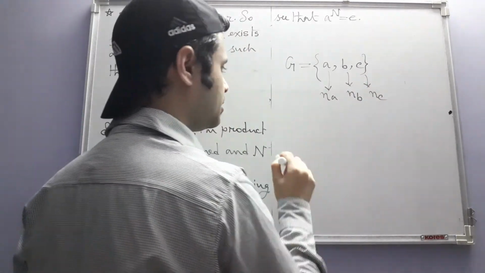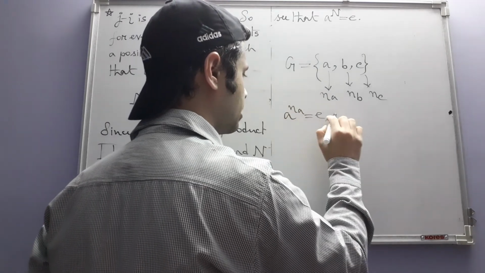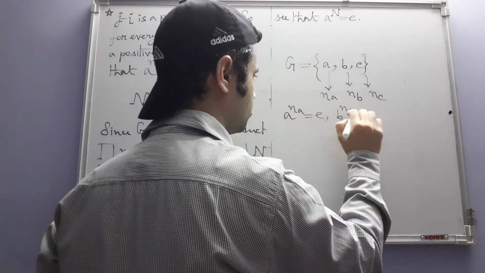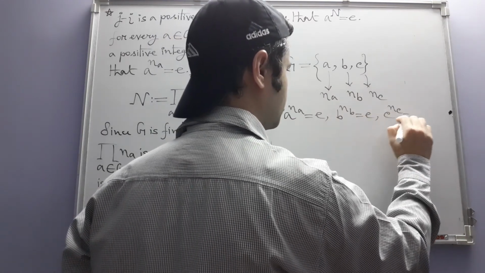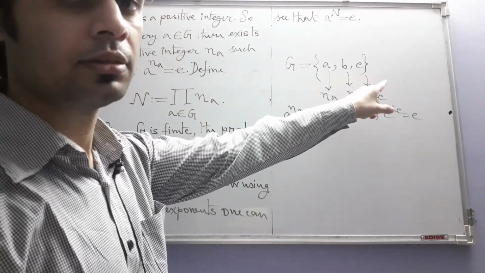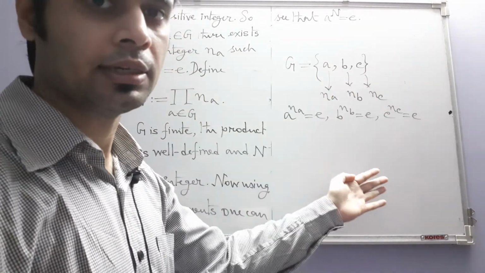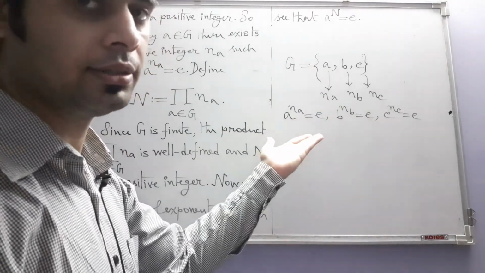These are positive integers such that these equations are true. You can ask me what is the identity element. Any one of them may be the identity element. We don't care. We don't have to see which one is the identity element.